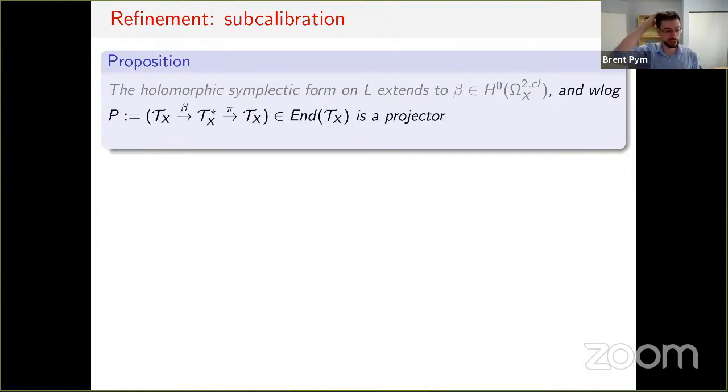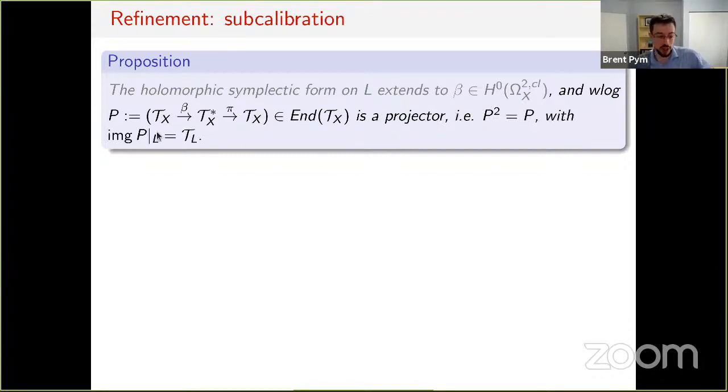But I claim something a little bit stronger is true. So not only does this two form extend to some closed two form on X, actually, we can arrange so that this composition I highlighted previously, beta composed with pi, is a projector. So it's an endomorphism of the tangent bundle, which is idempotent, so it squares to itself.